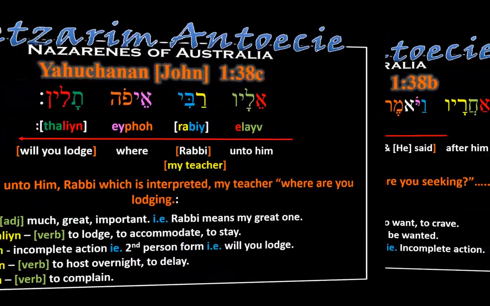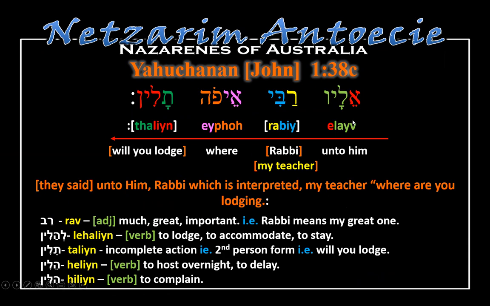And now we come to 38c, which has an aleph, a lamed, a yod, a vav, a resh, a bet, a yod, an aleph, yod, fe, hey, tav, lamed, yod, nun sofit. And we read it, elav, meaning unto him, rabbi, rabbi, right? It's actually rabbi or rabbi, right?